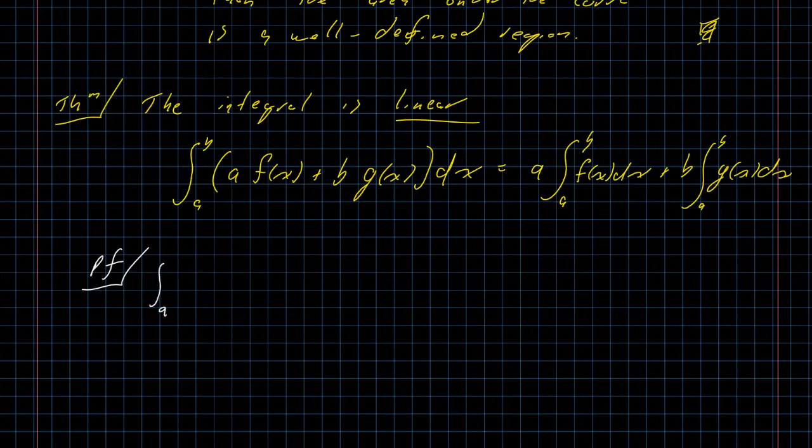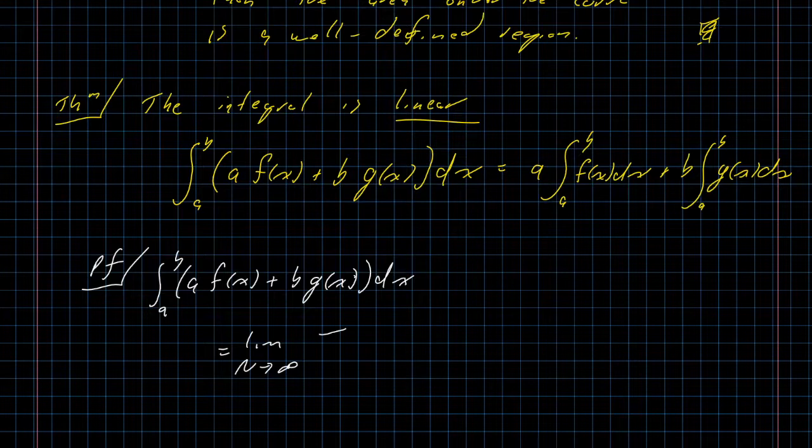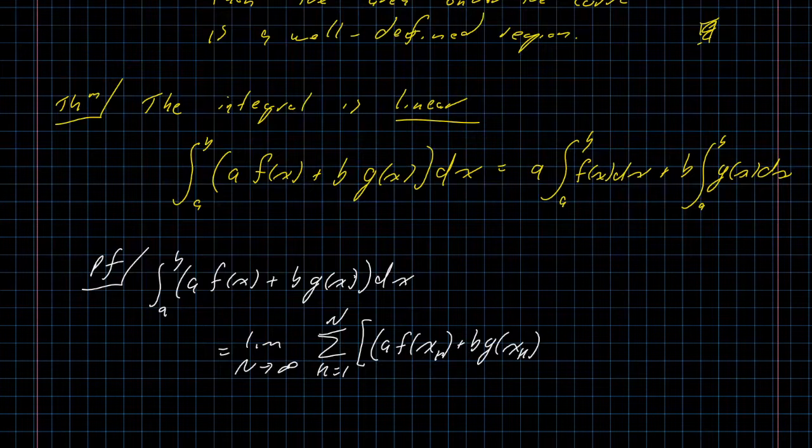The integral from a to b of a times f of x plus b times g of x is the limit as n goes to infinity of the sum, k goes from 1 to n, of a times f of x_k plus b times g of x_k, times delta x.